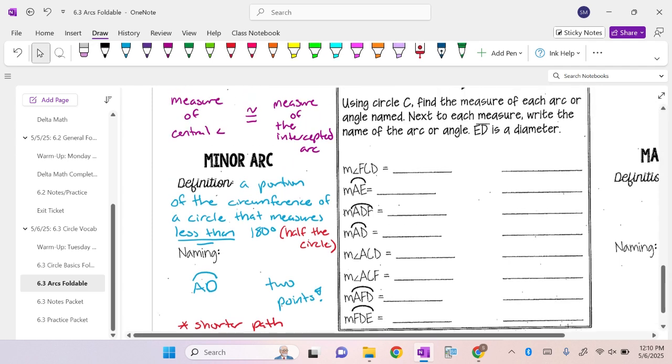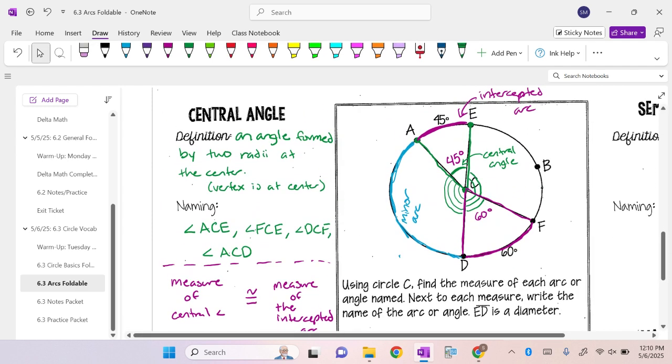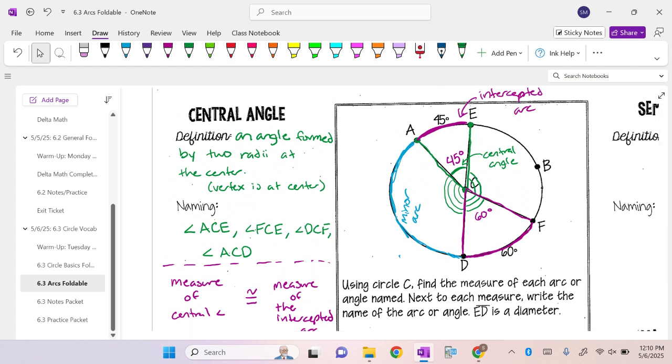Because on the flip side, we have what is referred to as a major arc. So our minor arc AD is a very small part of the circle. However, the part that makes us know that it's going from D to A on the shorter path is that we could also get from A to D by going this way.